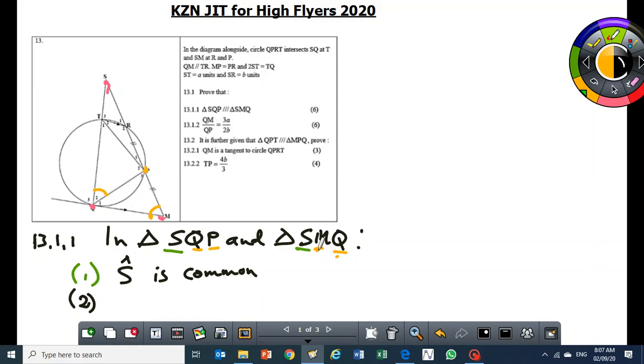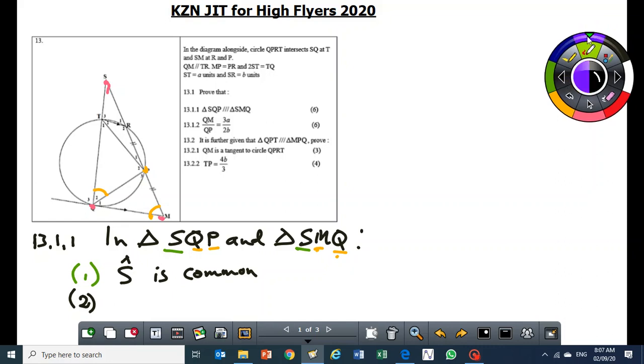So let me try and prove that angle P and Q are equal. Now, P, if you name it, is SPQ, which will be this whole angle. Then this one here will be SQM, that whole angle. Now, it is possible to prove that they are equal.